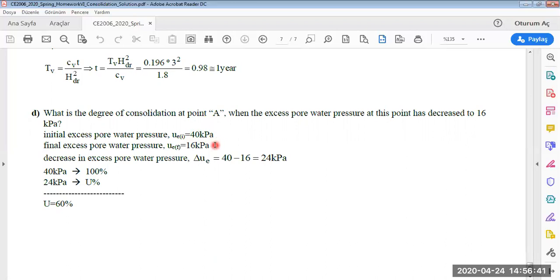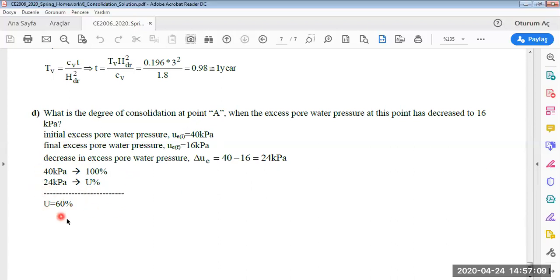But at any time, some of the excess pore water pressure dissipated, and final value is recorded as 16 kilopascal. 24 kilopascal is dissipated. We can calculate the degree of consolidation by using the amount of dissipated pore water pressure.